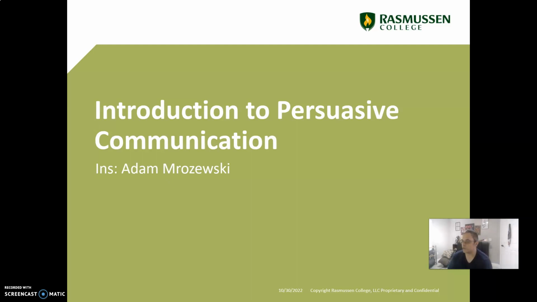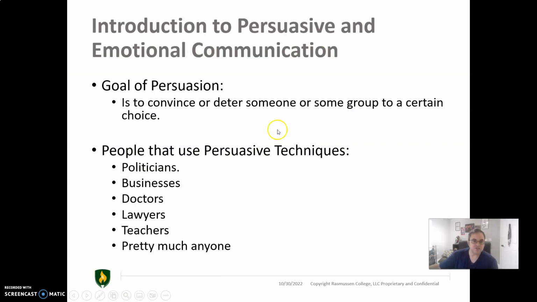So this week we're really going to focus on emotional responses due to persuasive images and persuasive communication and how they play a part with everything. The goal of persuasion and emotional communication is really to convince or deter someone or a certain group of some choice.